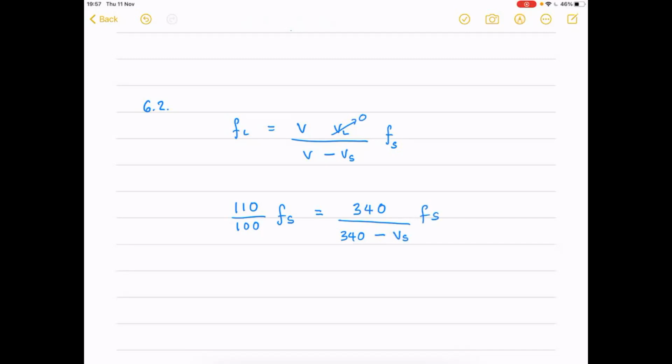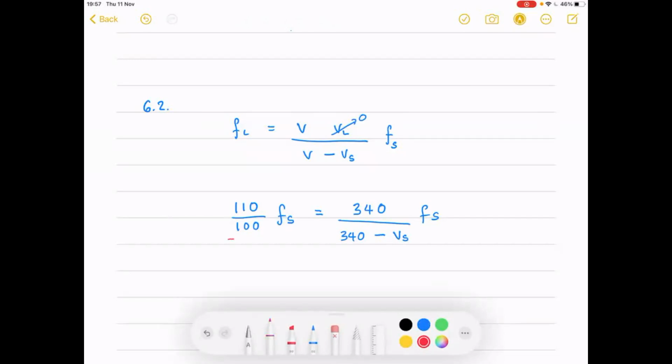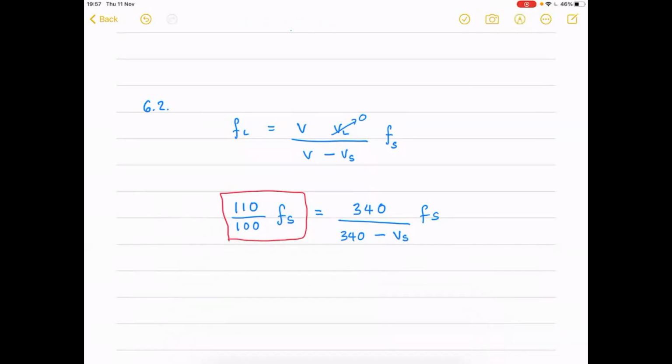The part that may have caused you some problems would be this bit here, where they didn't just give you a value for the frequency that they hear, but they told you it's 110% of the frequency of the source. So that's how we write that out.